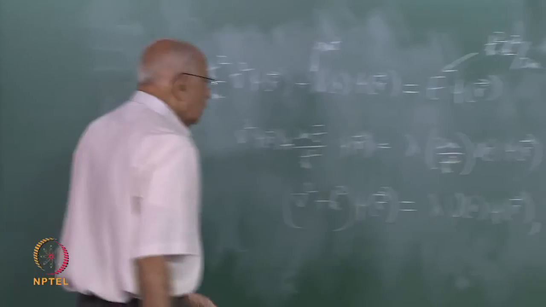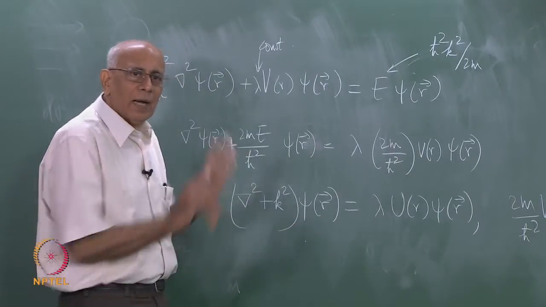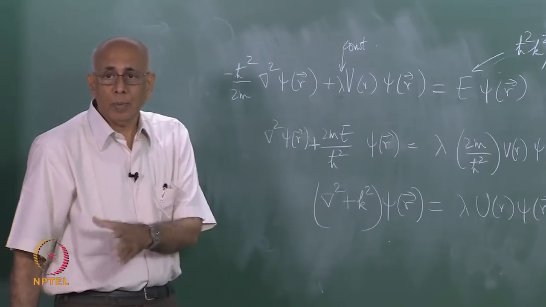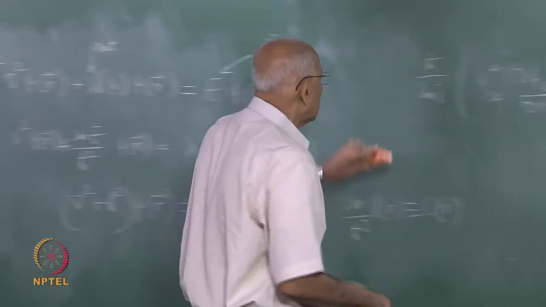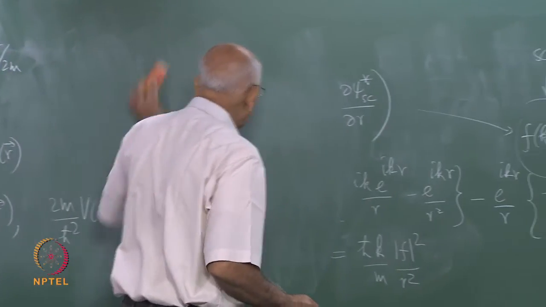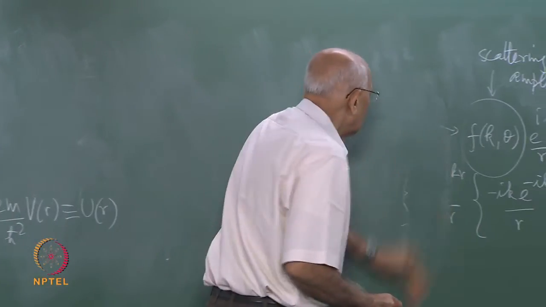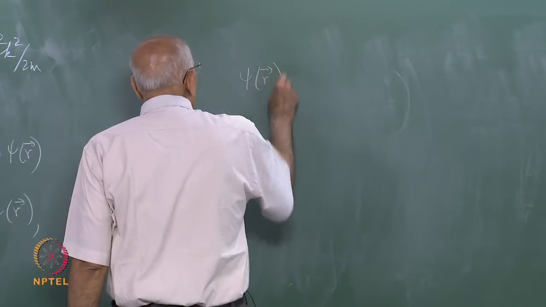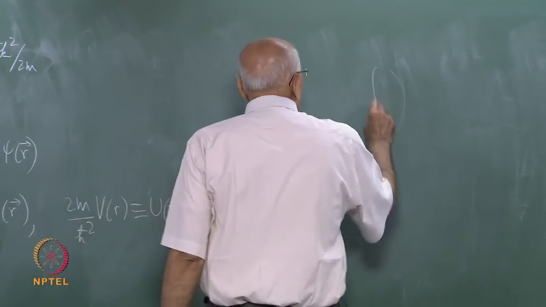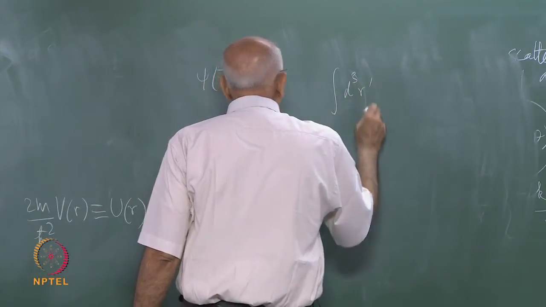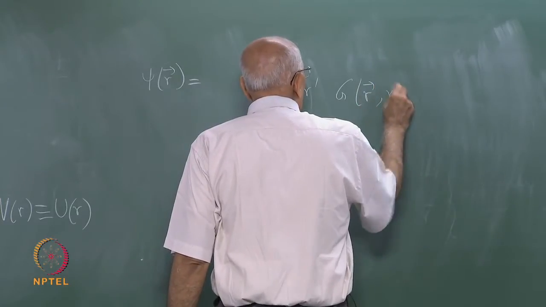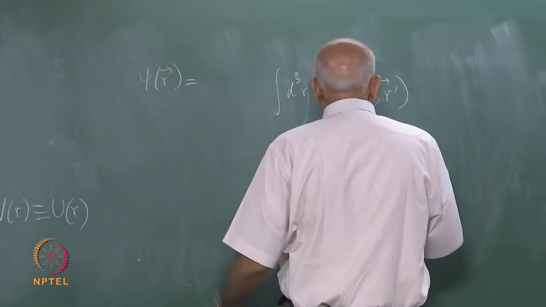But suppose for a minute you pretend that you know the right hand side. What happens then? Then the solution of this equation is exactly that for an inhomogeneous equation with some particular integral and a complementary function. So I would expect the solution of this equation to look like this: psi of r is equal to an integral d3 r prime, the Green function for this operator G of r prime, multiplied by lambda.